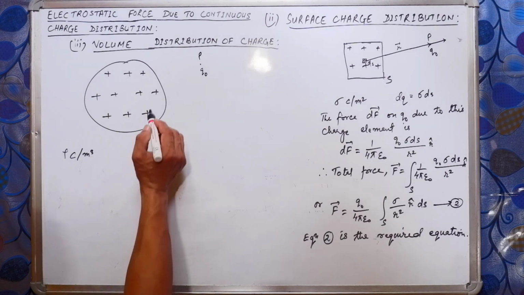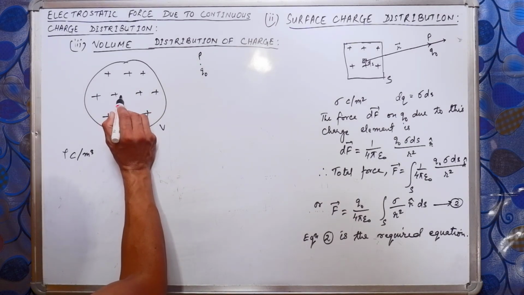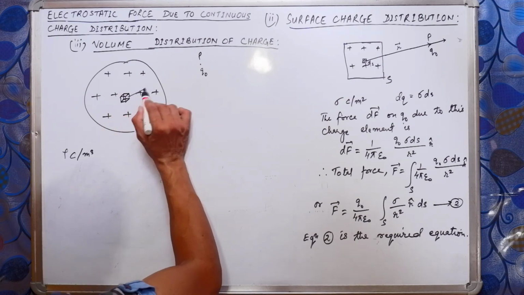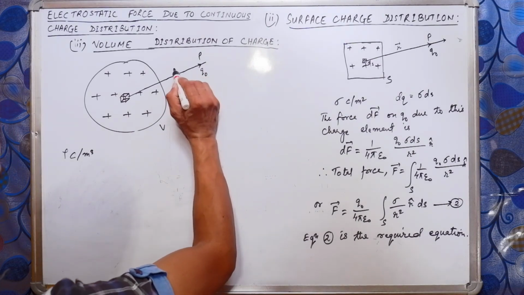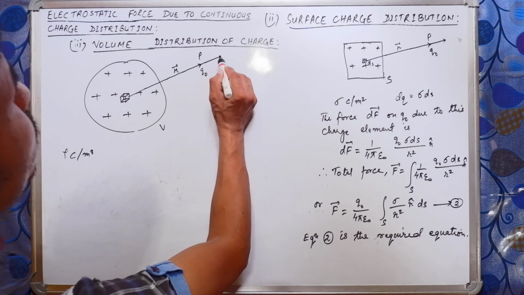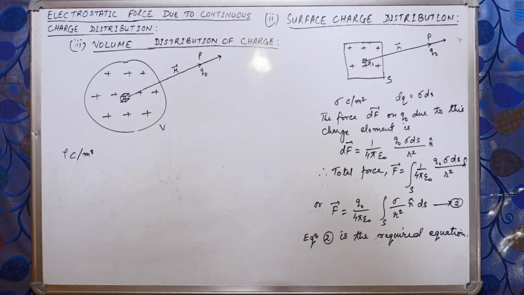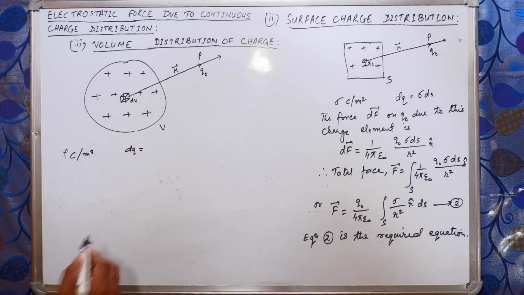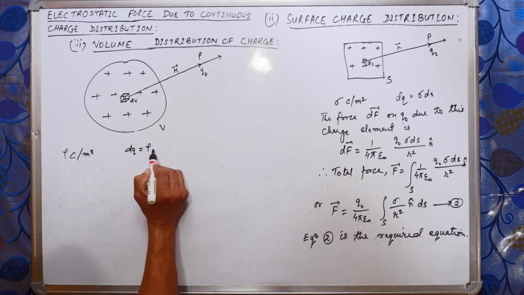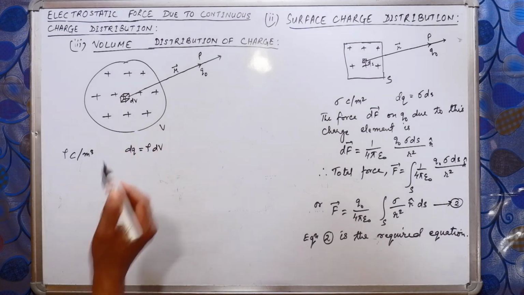Now we consider a small volume dV, which is at a position vector r from the charge Q naught. The small charge dq on this volume dV will be equal to rho dV, charge density into the volume.